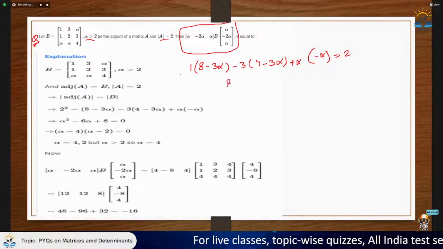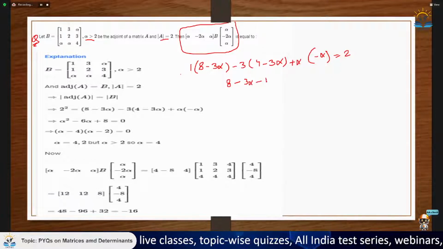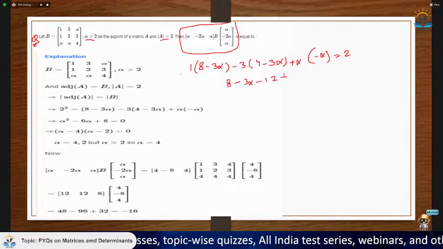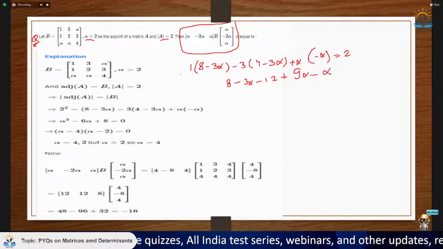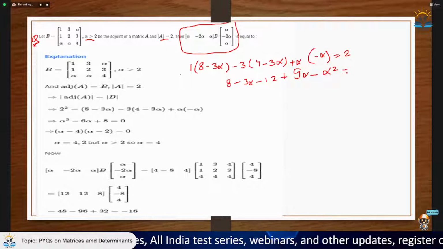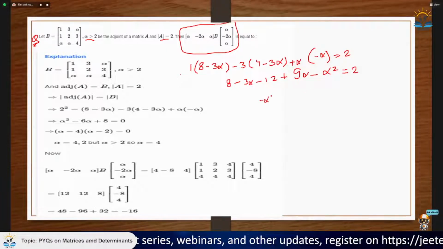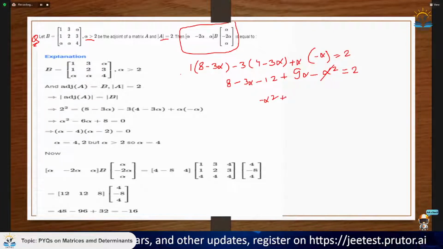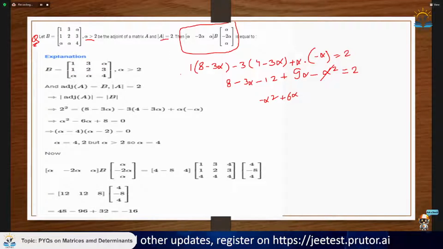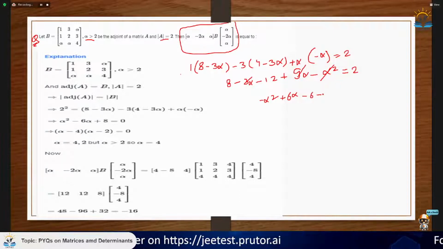So 8 minus 3 alpha, minus 12, plus 9 alpha, minus alpha square. So here it is a quadratic equation, so we will get two values for alpha. So it would be minus alpha square, 9 alpha minus 3 alpha would be 6 alpha, so plus 6 alpha, minus 4 and minus 2, so minus 6 equal to 0.